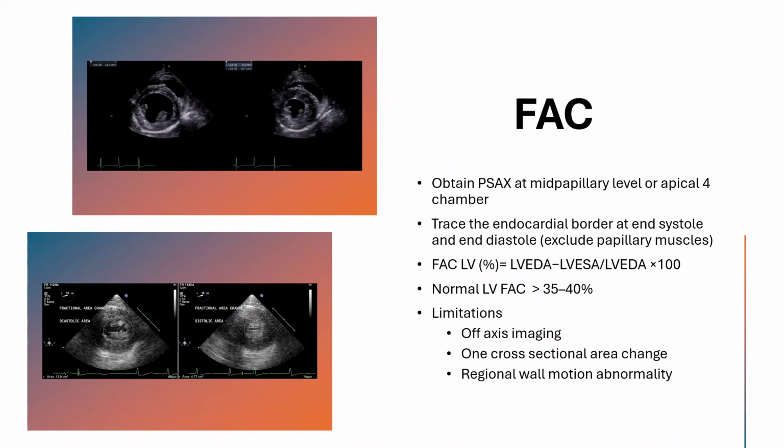Again, it's only one cross-sectional area change, and regional wall motion abnormality can also affect the credibility of your results, as for fractional shortening. However, it is believed to be a superior and more accurate study of LV systolic function compared to fractional shortening. Please pause the video if you need more time to review this important concept.